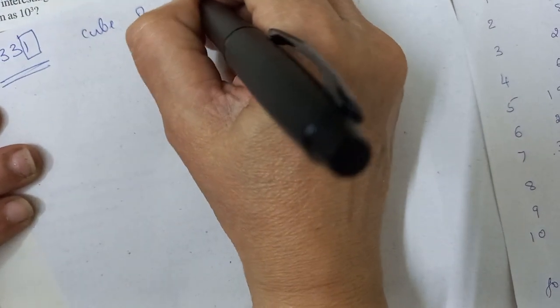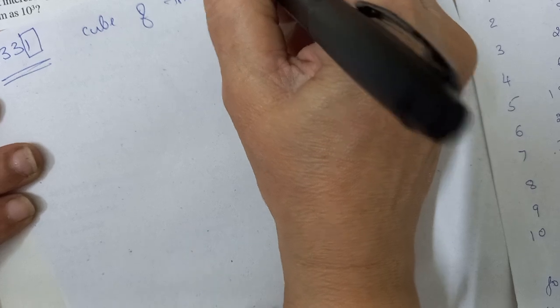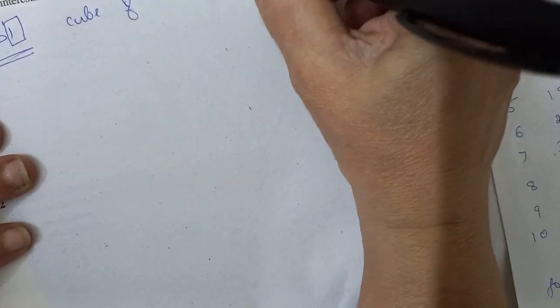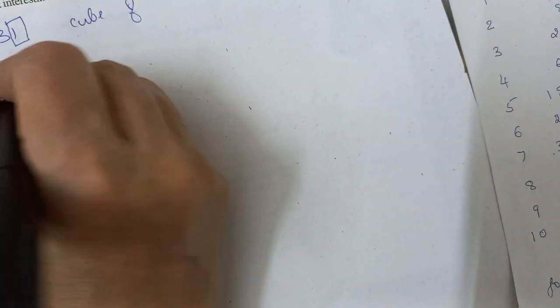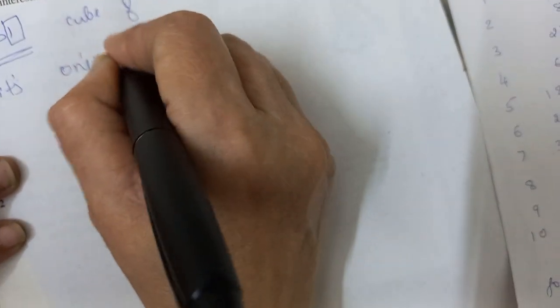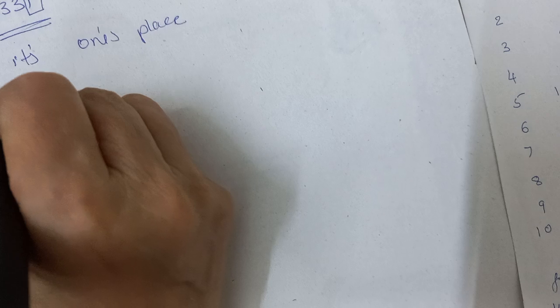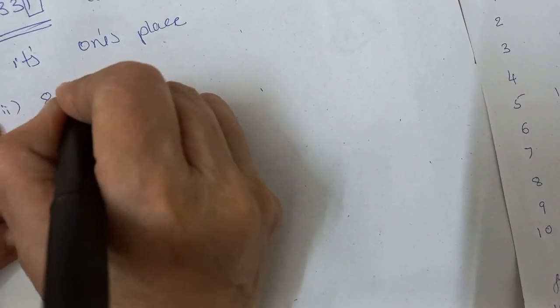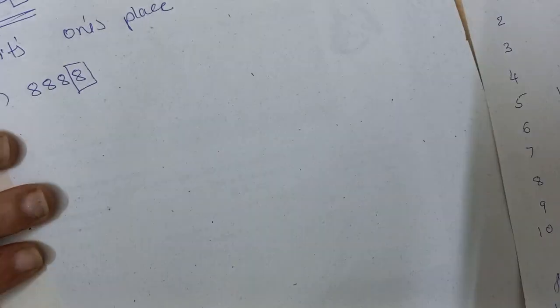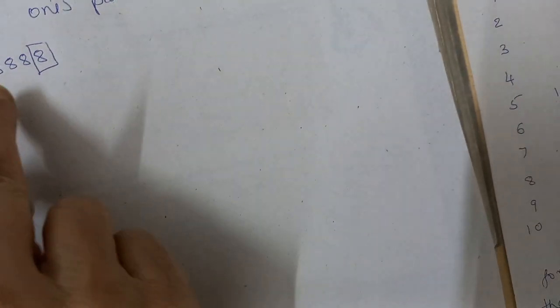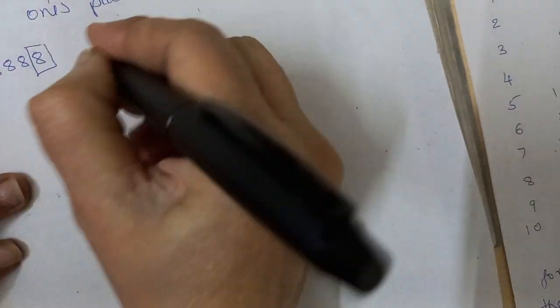The cube of this number has 1 in its ones place, and 88 has 8 in its ones place.